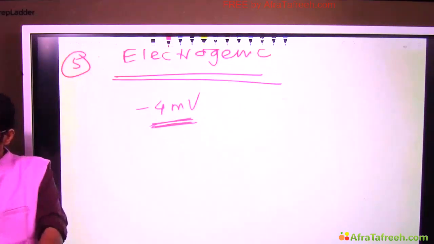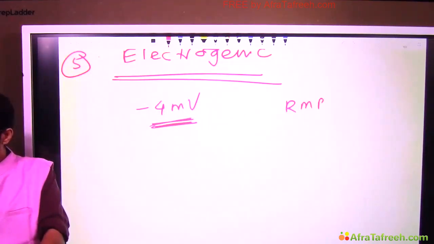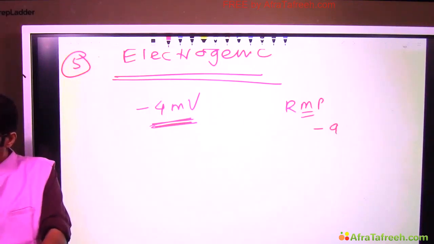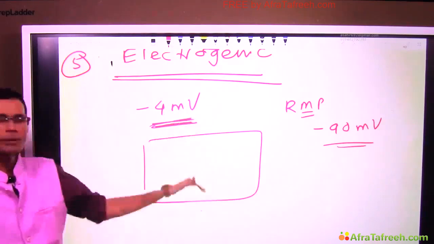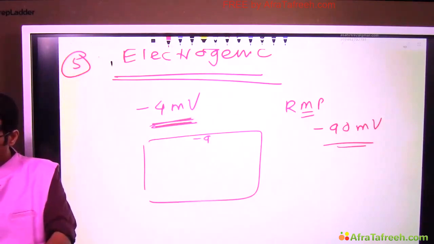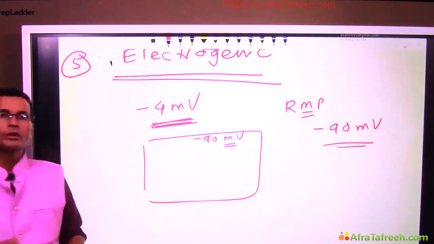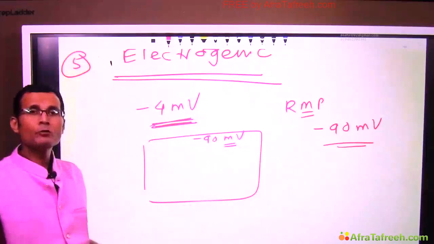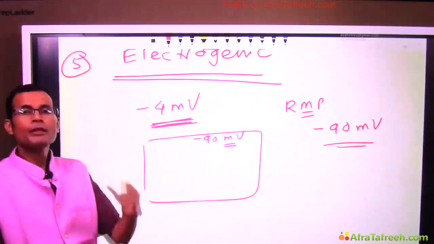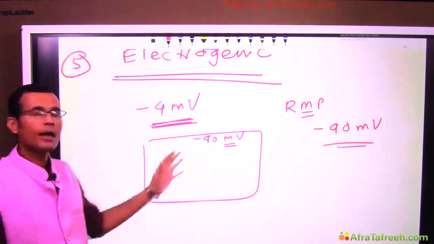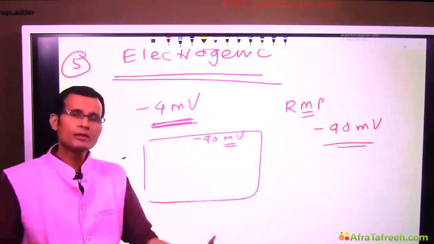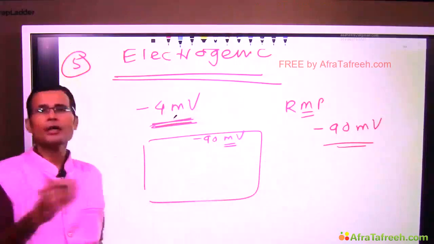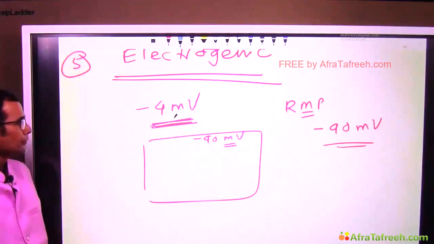If I say the resting membrane potential of a muscle is -90 millivolts, it means inside the membrane there is a charge of -90 millivolts. Of this -90 millivolts, -4 is contributed directly by the sodium potassium pump. -86 is by something else, which we will discuss in the next chapter, which is RMP, action potential.